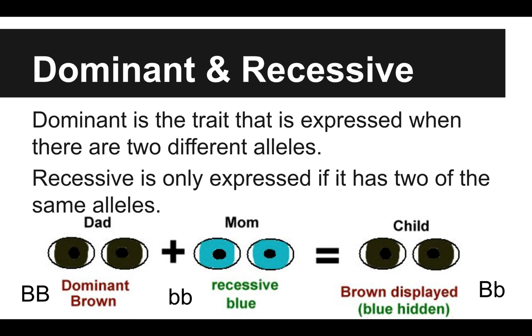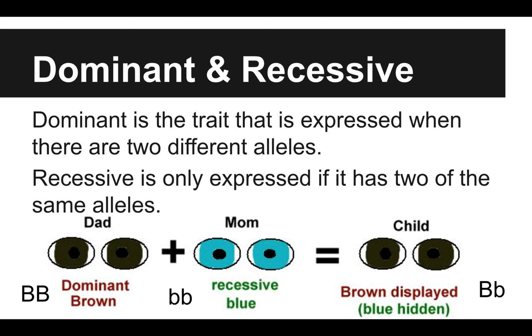If they're heterozygous, there's two different alleles, and the dominant trait is the one that's going to be expressed on the outside. So we're saying brown eyes are dominant to blue eyes. Recessive traits are only physically expressed if it has two of the same alleles.